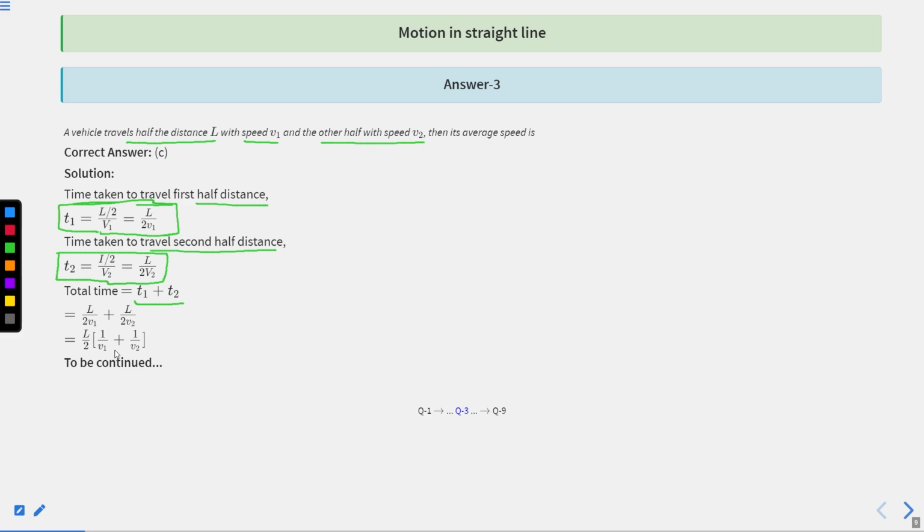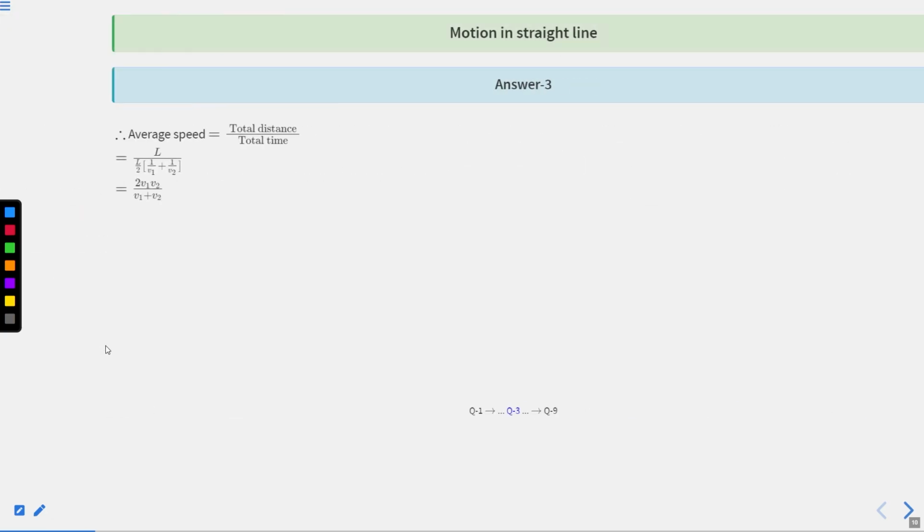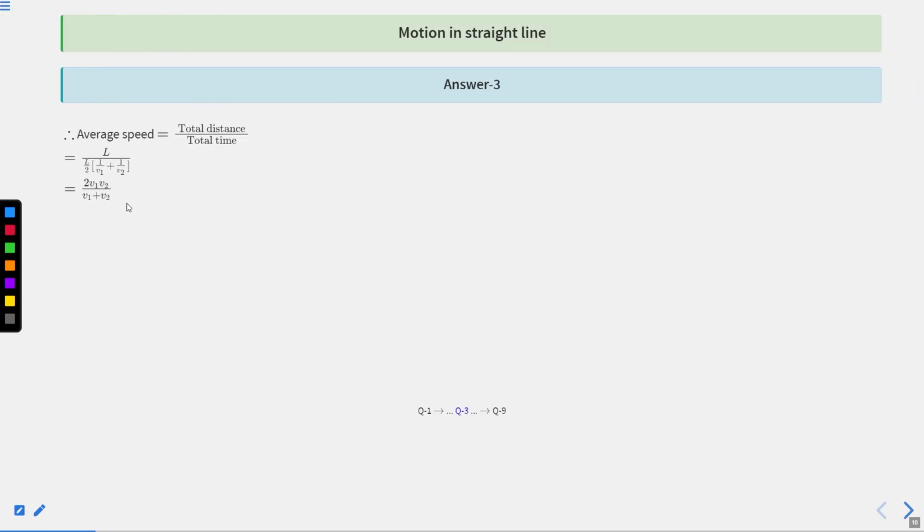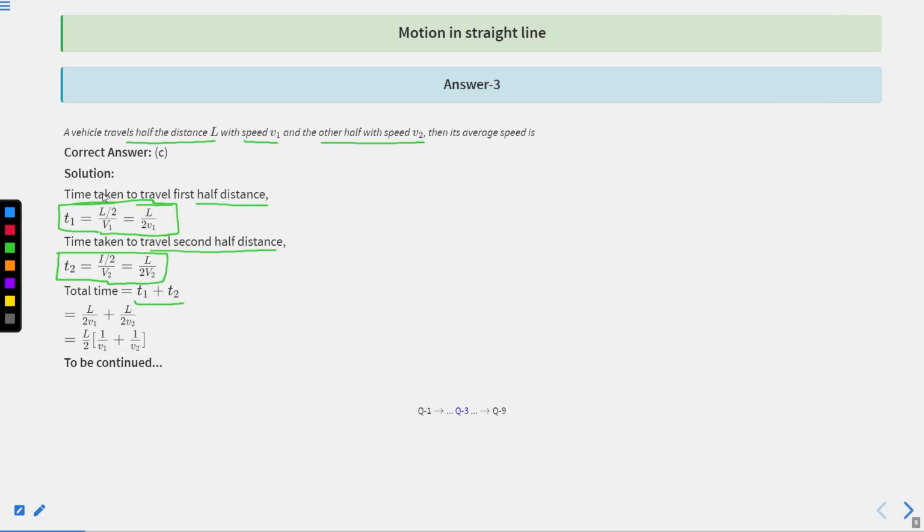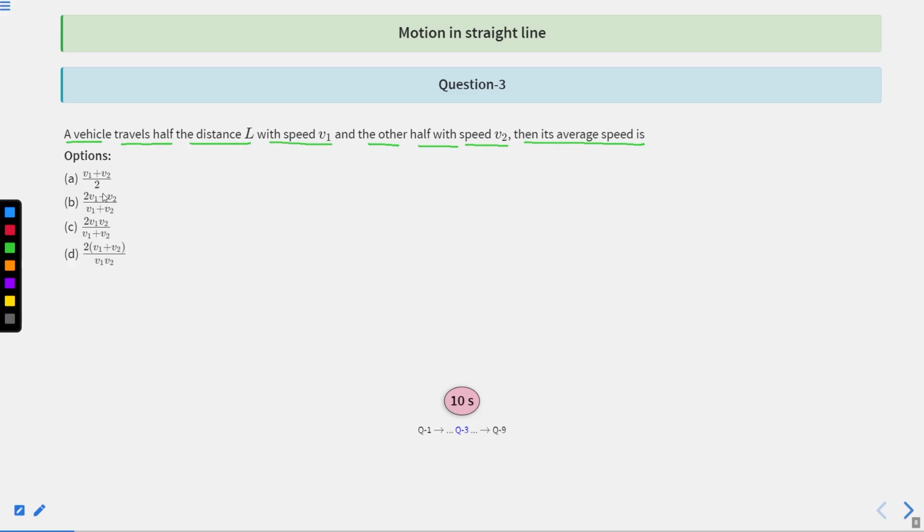Clear? And after calculating these terms, we will get the average speed. The formula of average speed is total distance upon total time. The total distance is L and total time is this. After solving these terms, the answer will be 2v1v2 divided by (v1 plus v2). Clear? So the correct option is C.